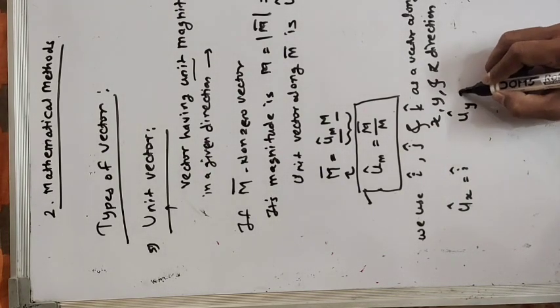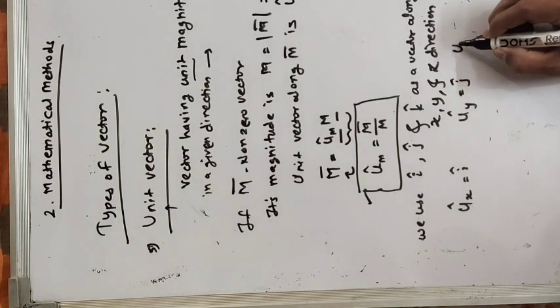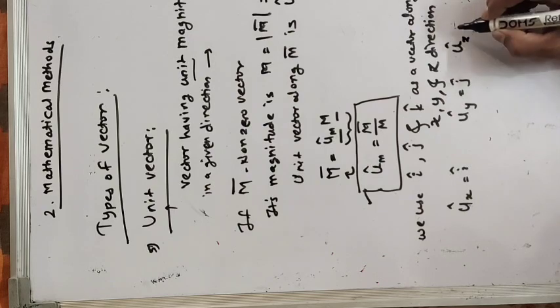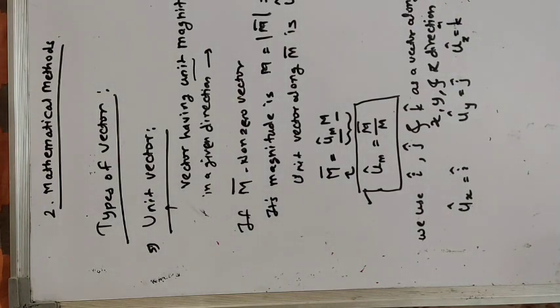Uy cap is the unit vector along the y direction, given by j cap. Uz cap is the unit vector along the z direction, given by k cap.